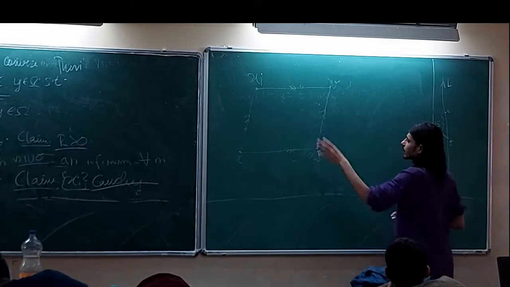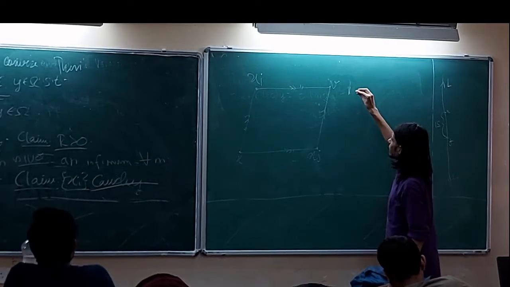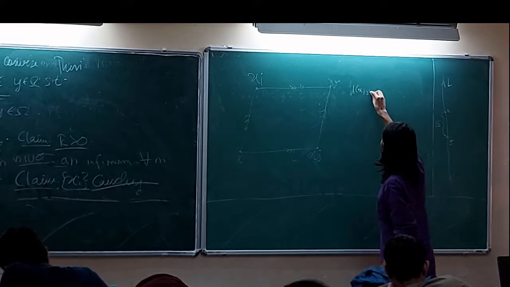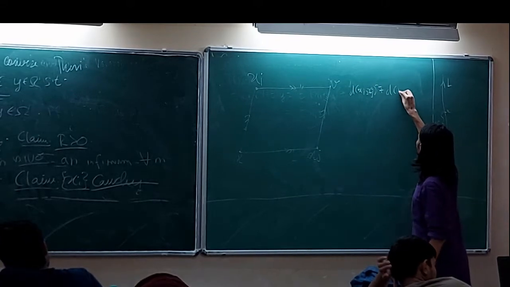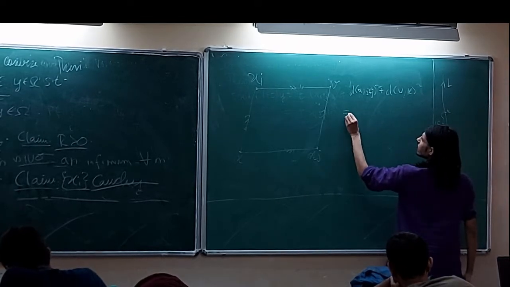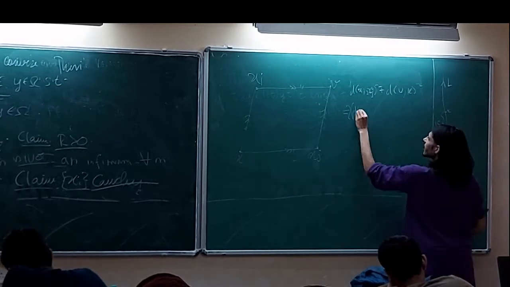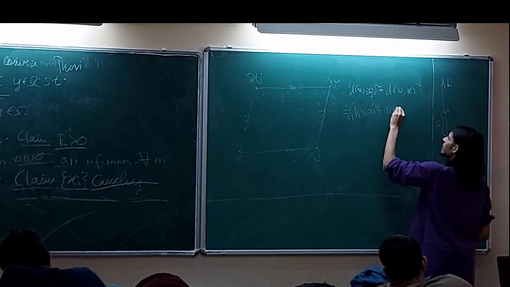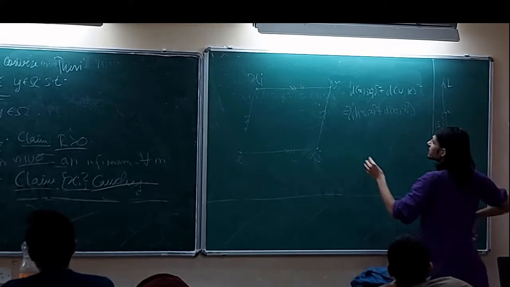Now if you do the parallelogram law, then you will get what you need. You get d of xi xj the whole square plus d of v comma x the whole square, equal to 2 times d of xj comma x whole square plus d of xi comma x whole square. Now things are beginning to happen.